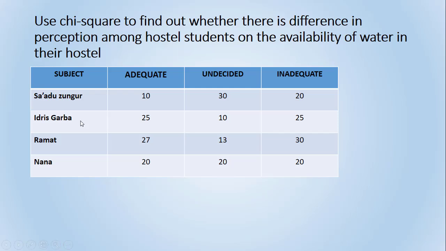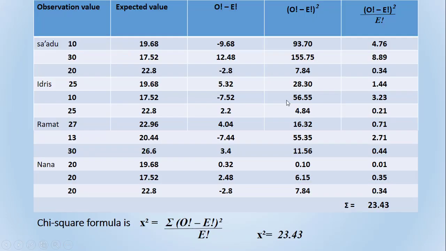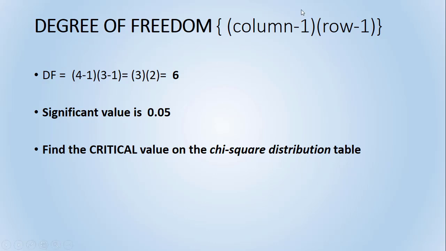Column is the horizontal value. Column is 1, 2, 3, 4. We have 4 columns and we have 1, 2, 3, 3 rows. So that's how I got the column here. I put 4. 4 minus 1, 3 minus 1. So 4 minus 1 will give us 3. 3 minus 1 will give us 2. So 3 times 2 is equal to 6.